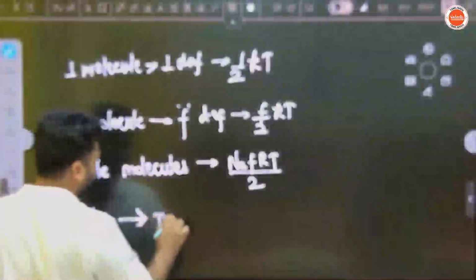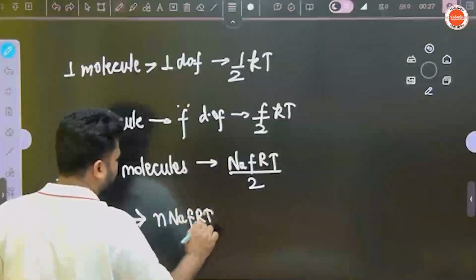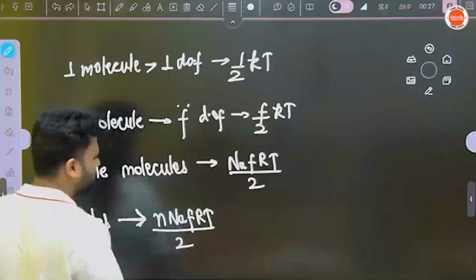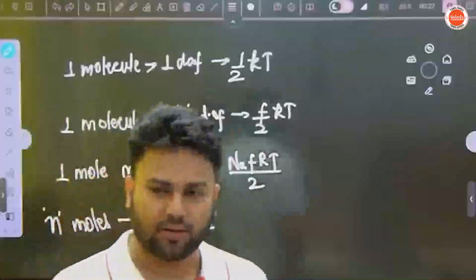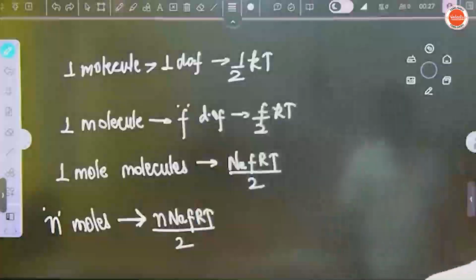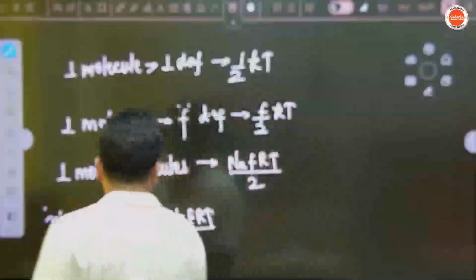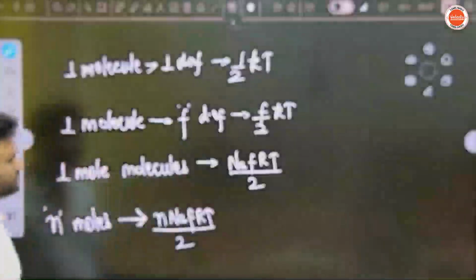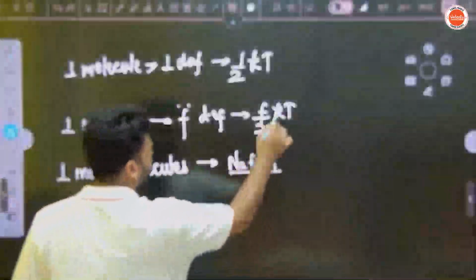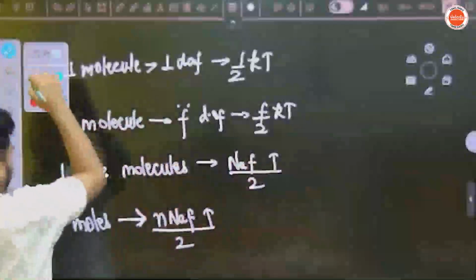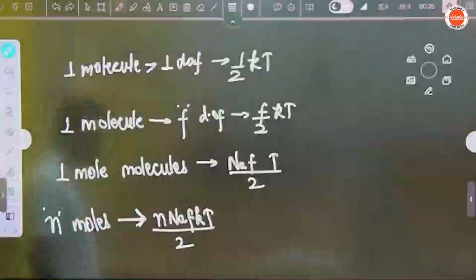N into Na, f k T by 2. This is k, the Boltzmann constant.